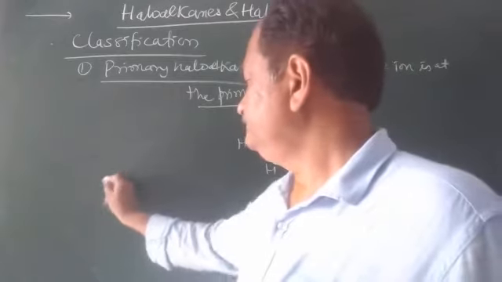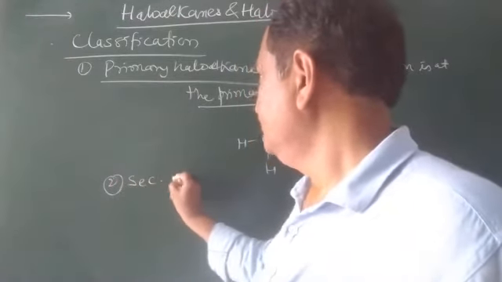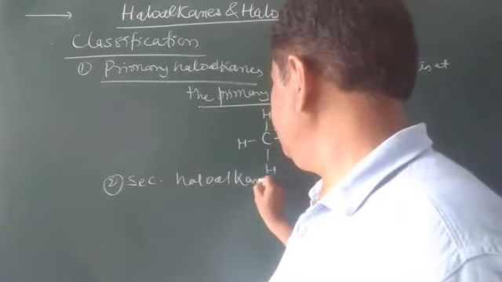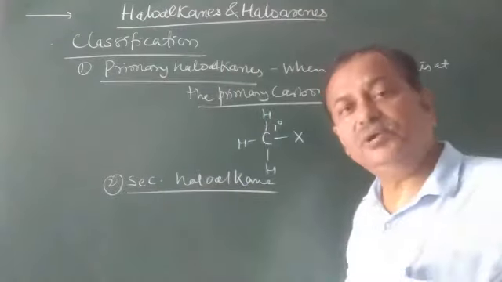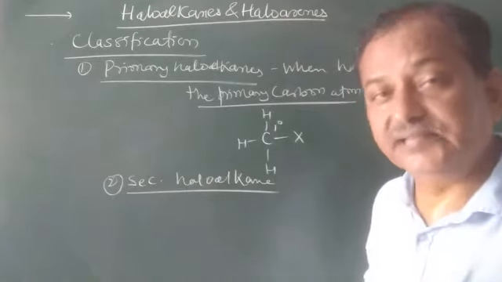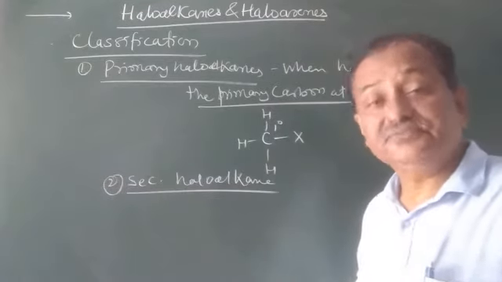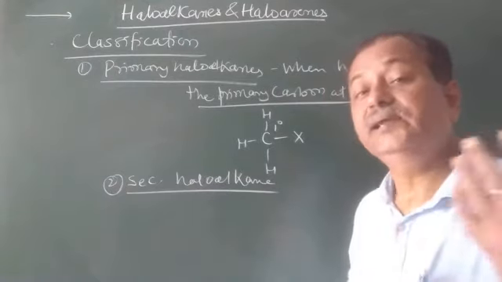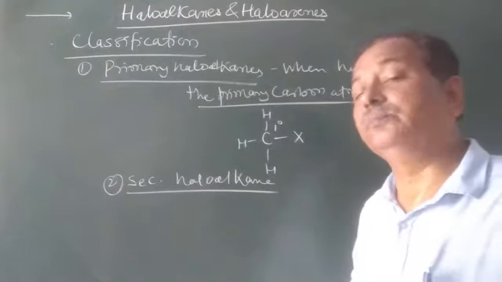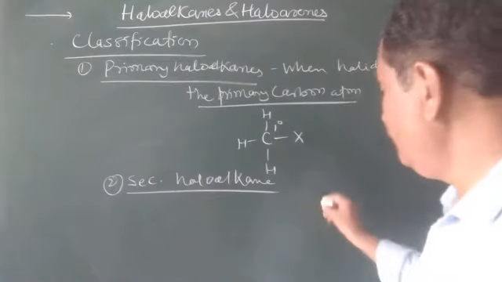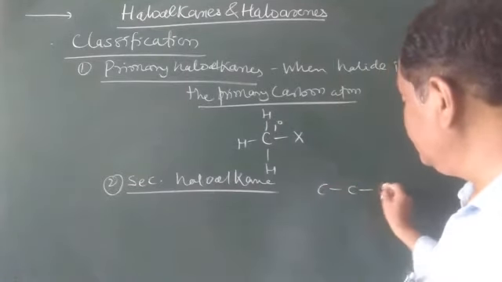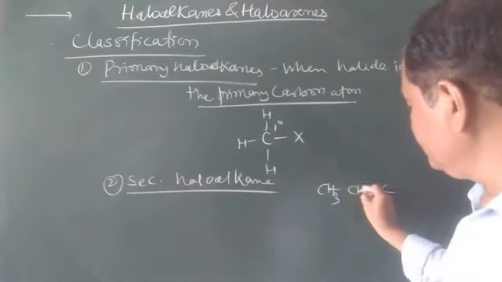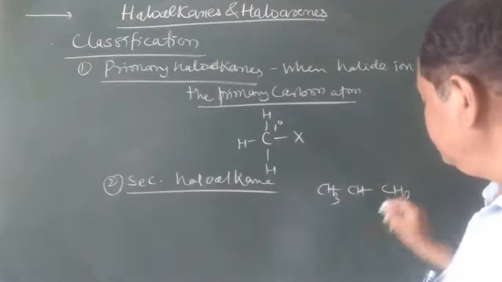Now coming to secondary haloalkane. What is a secondary carbon? When two valencies of a carbon are satisfied by adjoining hydrogen or by adjoining carbon, either way. So here, if I write like this, CH3 and this is there.